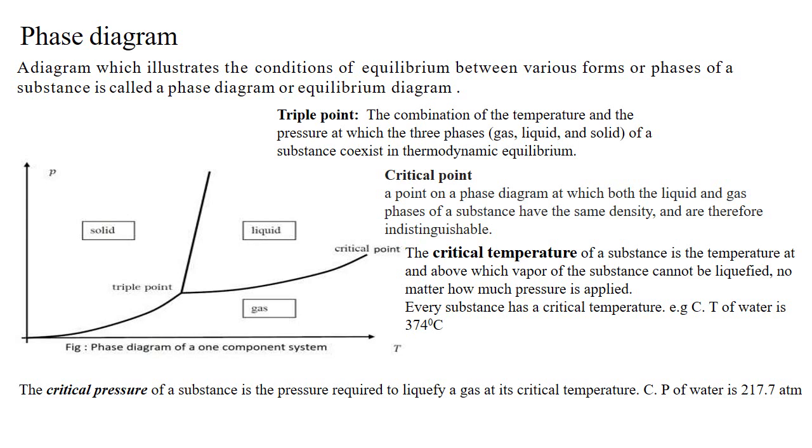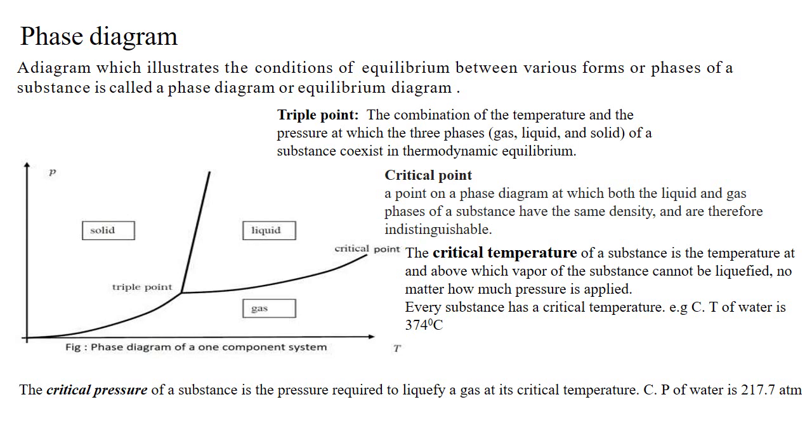Critical temperature of a substance is the temperature at and above which vapor of the substance cannot be liquefied, no matter how much pressure is applied.